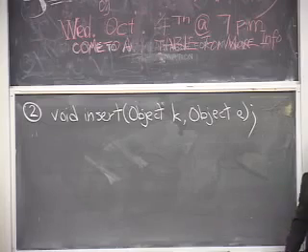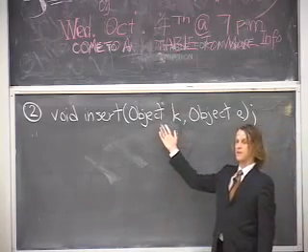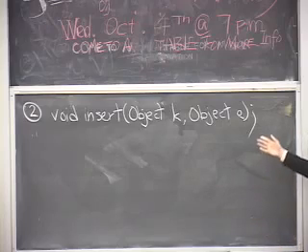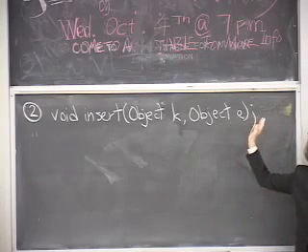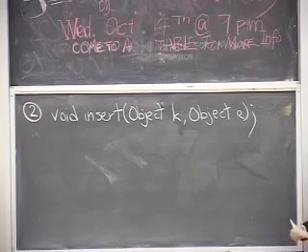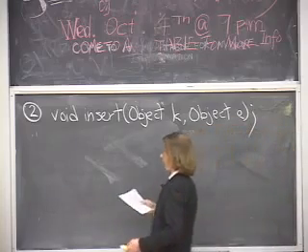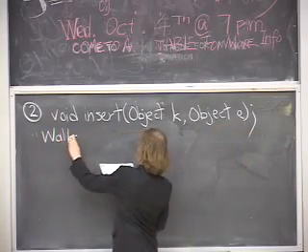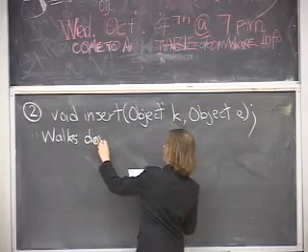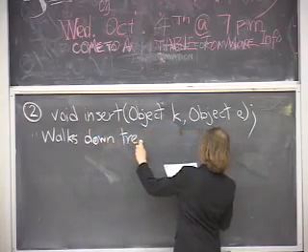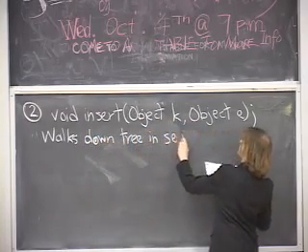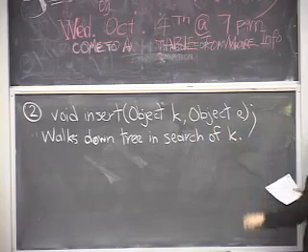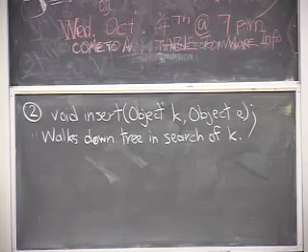As always, I'm sticking with our standard that when we insert something into the tree, what we insert is the key that we're sorting on and a related entry, which could contain all kinds of information about the key. Now, insert, like find, is going to walk down the tree in search of the key as if we were looking for the key.